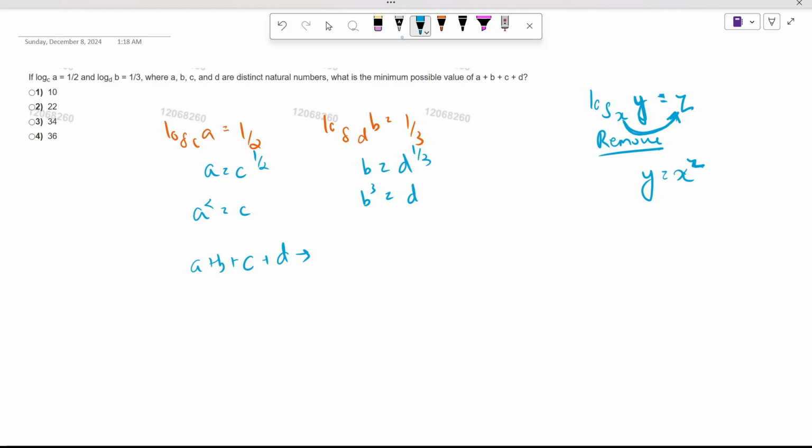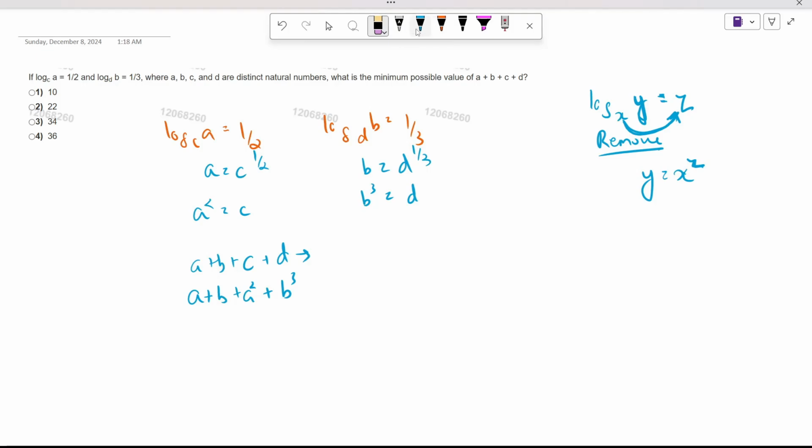So a square plus a, a gets common out, we're left with a plus 1, and b cube plus b, b gets common out, we're left with 1 plus b squared. Still we aren't getting a cube plus b cube.